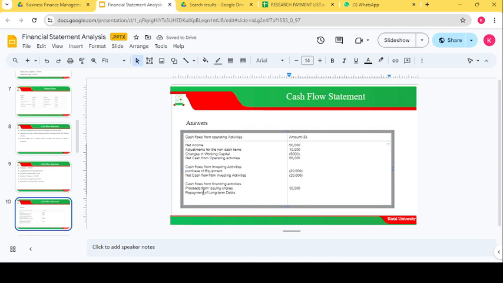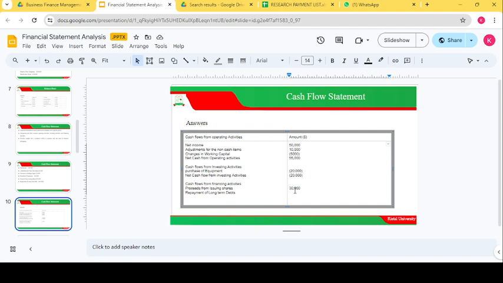So when you issue shares, the proceeds are the cash that you've gotten from issuing of shares. It means the income is coming into your business. But here we are repaying the long-term loan. It means our money is going out, reducing our cash.